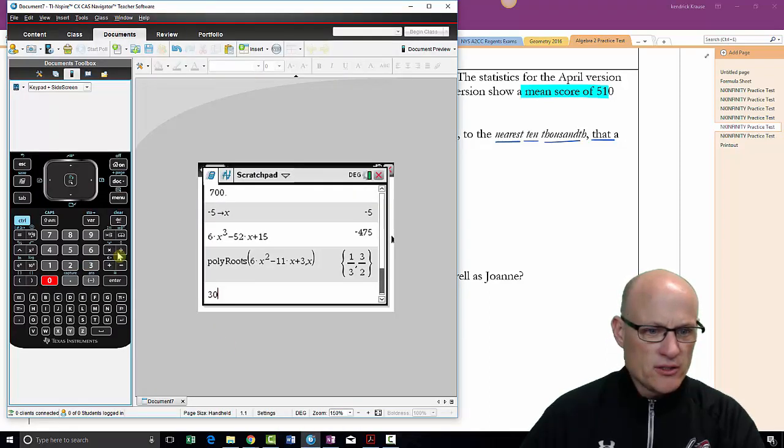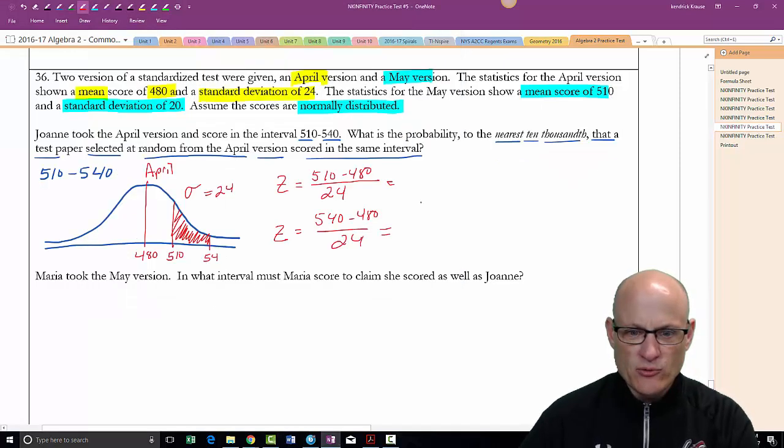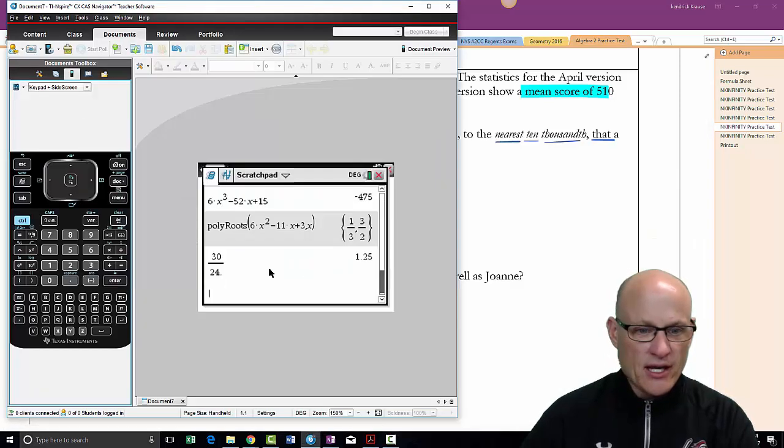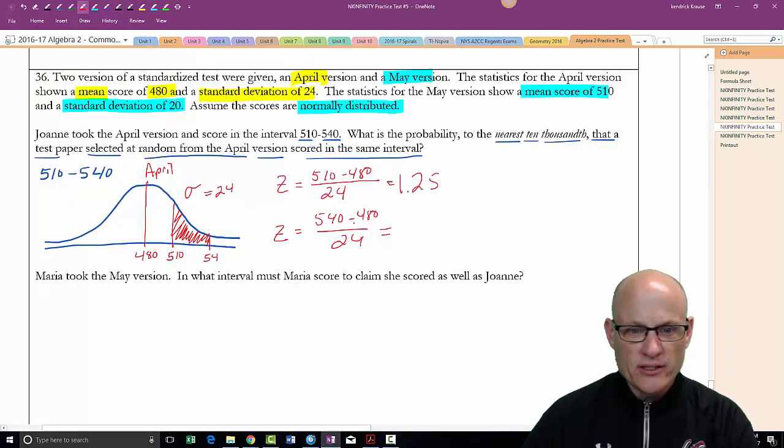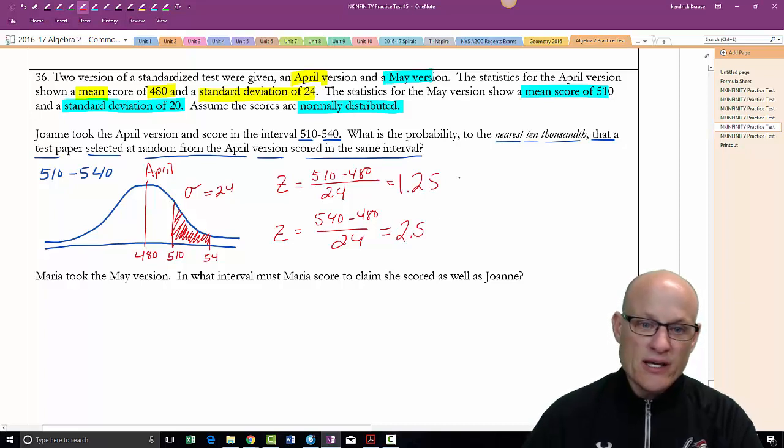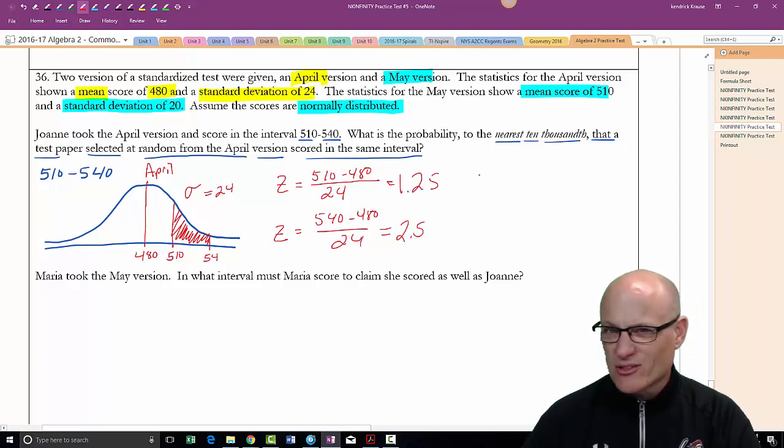So 30 divided by 24 is 1.25 standard deviations. And 540, that's 60. Well, that's just going to be 2.5 then, right? That'll just be 2.5.